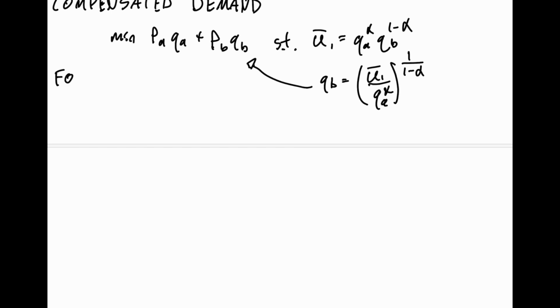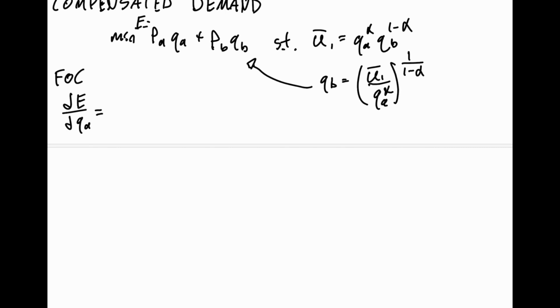So our FOC is the derivative of our expenditure. So I guess we could say that's E. So our first order condition is the derivative of E with respect to QA, and we'll set that equal to 0.